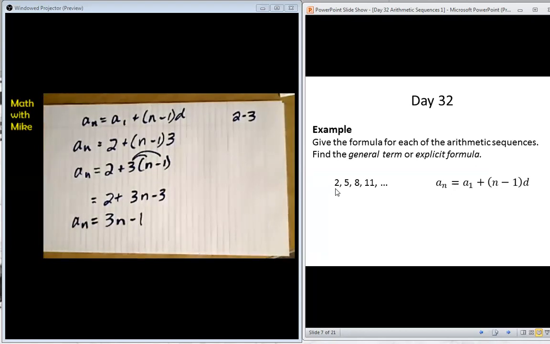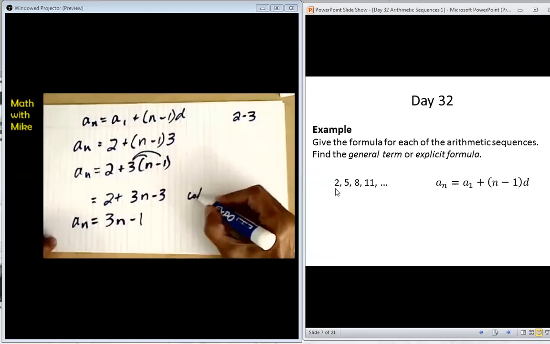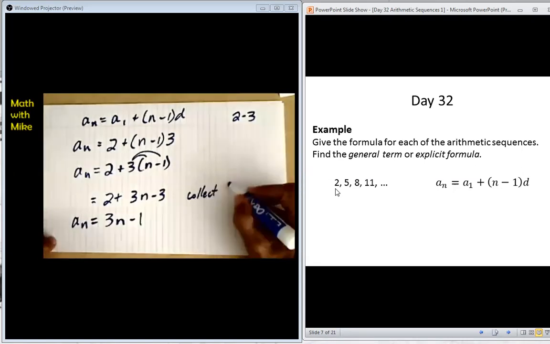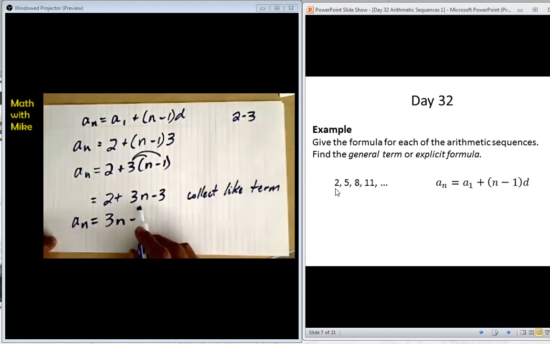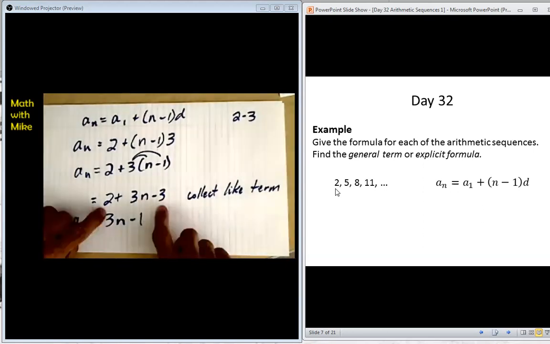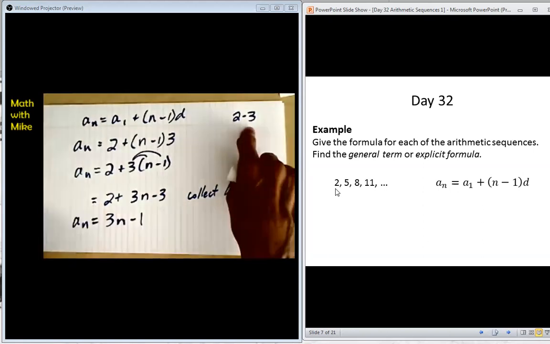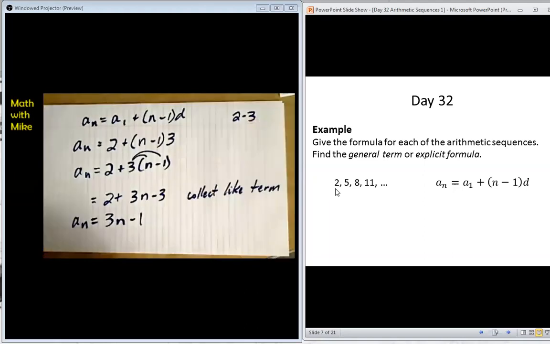Yeah. So it's called, we called it this before, collecting like terms, right? So you look at the n's, that's the only n, right? Okay. These now are going to work together. They're going to combine. So you have 2 minus 3 now to look at. And we've done something like that a few times, right?